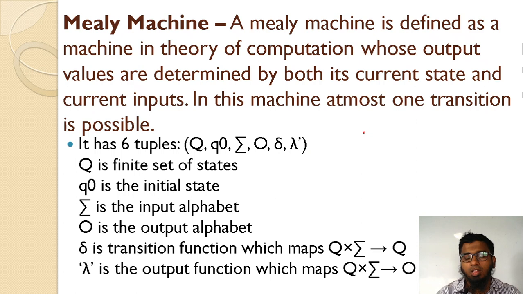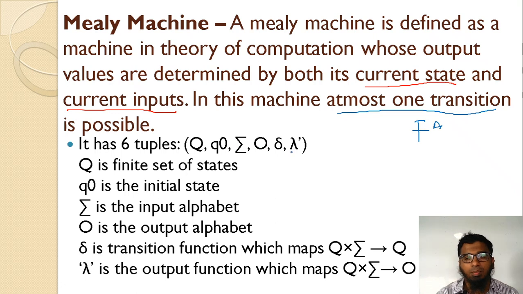It will depend on the current state as well as the current input. Both it will depend on. And here at most one transition is possible. Like in the FA, we have tuples. So here also we have some tuples. Let's see what the tuples are.